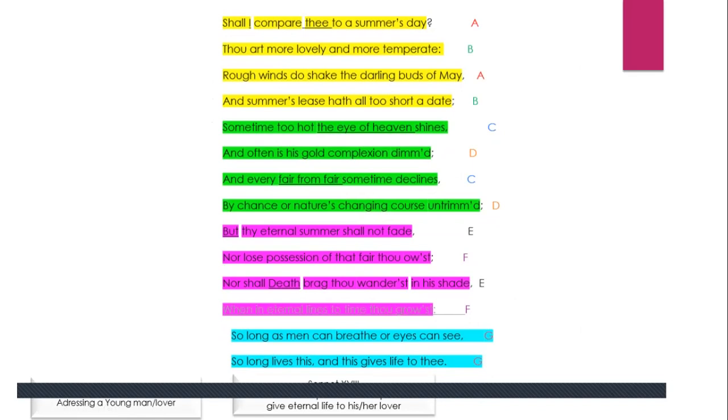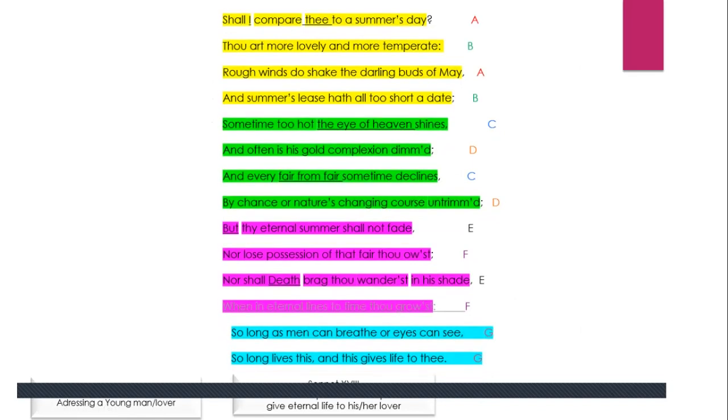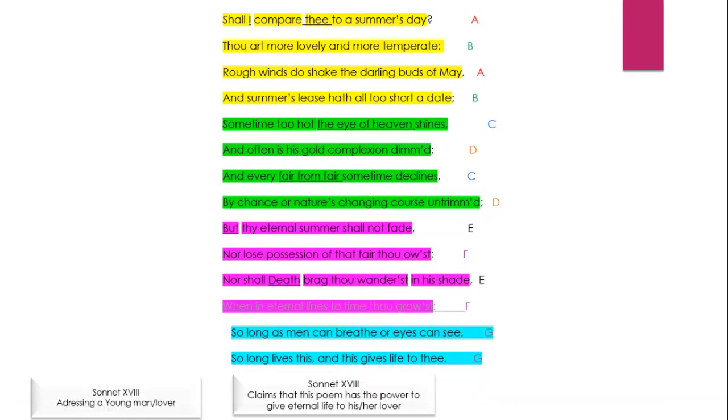Well, now let's analyze this sonnet. This is sonnet number 12. No, wait. Sonnet number 18. You can Google it and find it, and if you can print it, I would recommend you to pause this video, print it, have it with you, read it with me and take down notes as I analyze it.